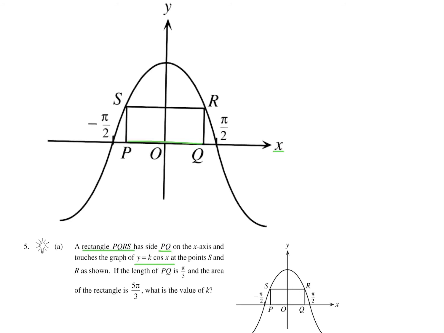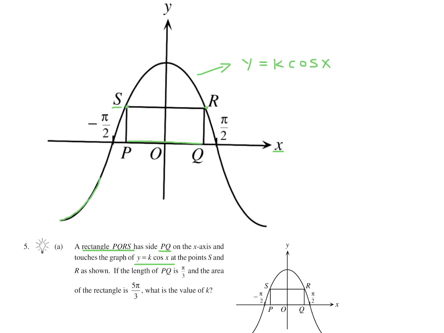So this graph right here is y equals k times the cosine of x. And this rectangle meets that graph at points S and R. So these points right there that I just put a dot on.